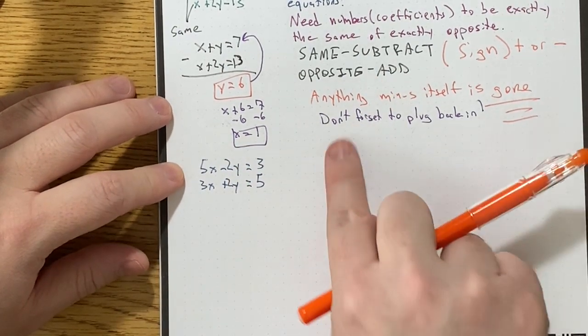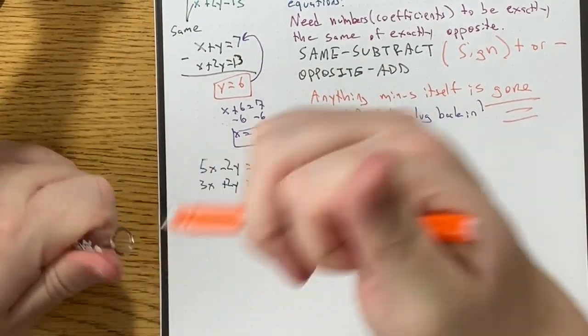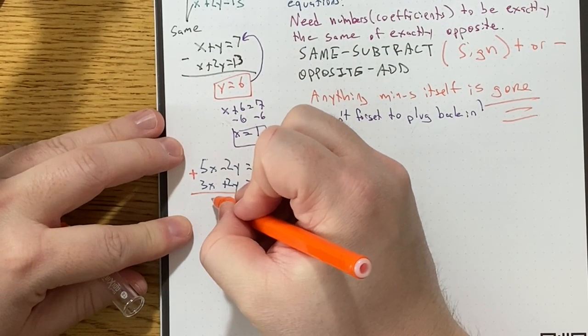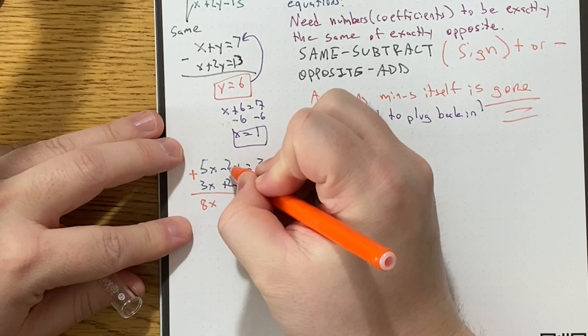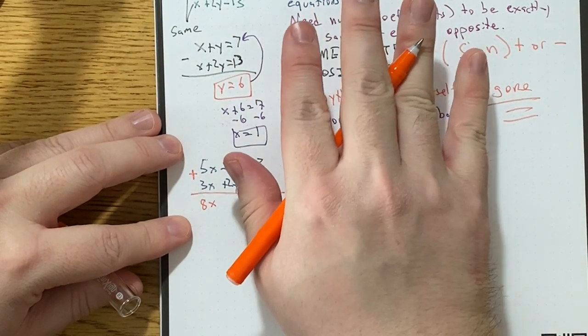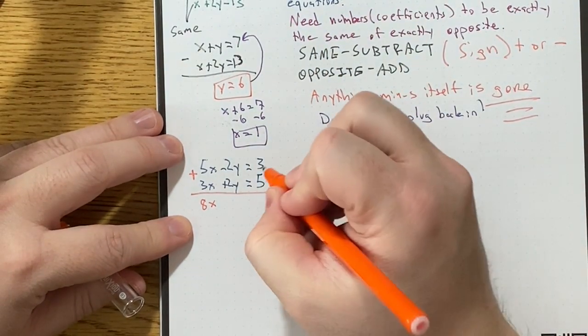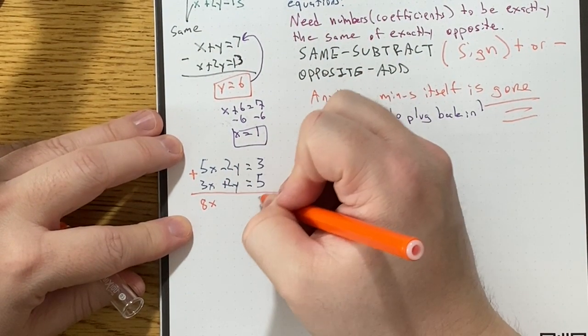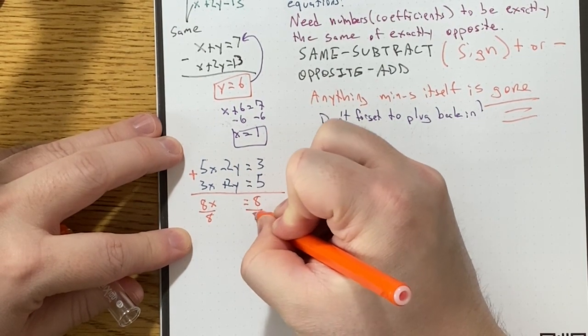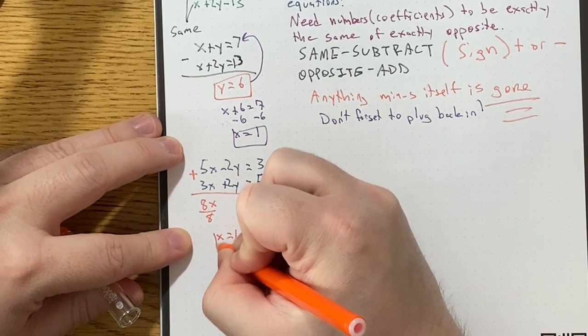And since it's opposite, you know you've got to add. 5x's plus 3x's is 8x. Negative 2 plus positive 2 is gone. There's zero, nothing. They have been eliminated. And then 3 plus 5 equals 8. Get x equals 1.